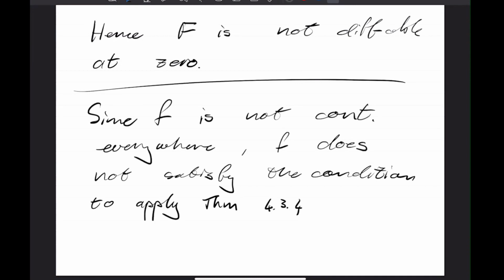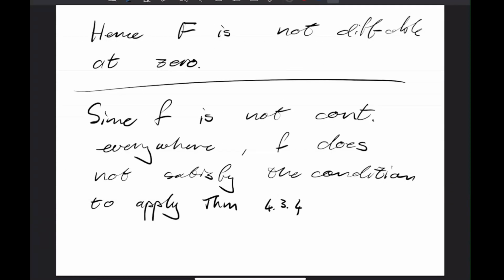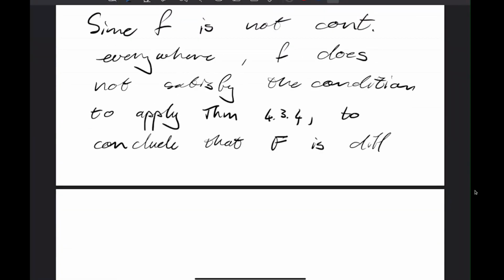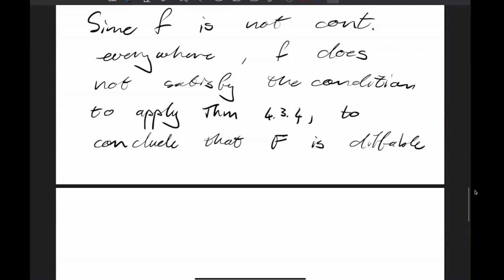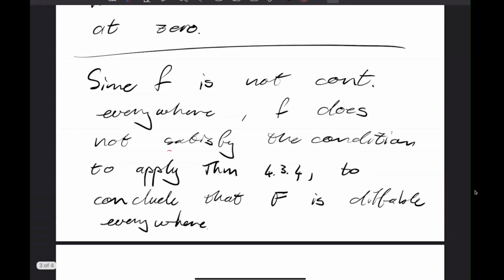Let me just double check the numbering. Theorem 4.3.4. So we cannot apply theorem 4.3.4 to conclude that big F is differentiable everywhere, because little f does not satisfy the conditions that are required to be able to apply Theorem 4.3.4.